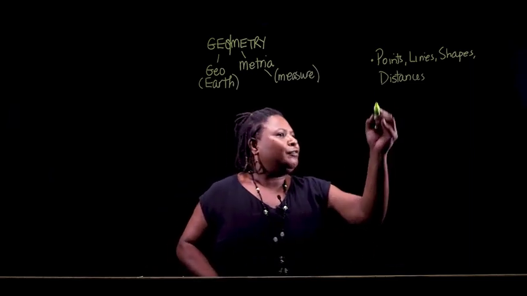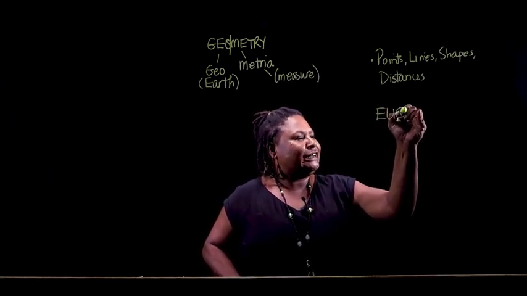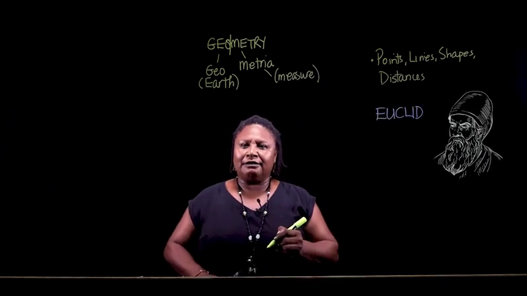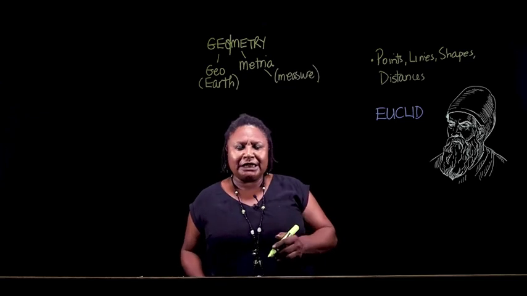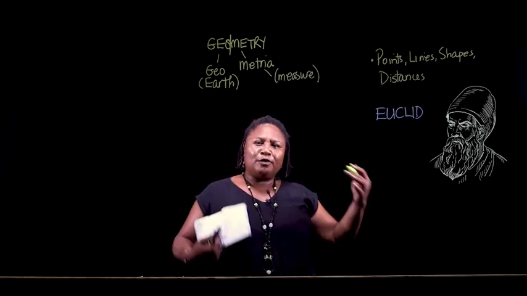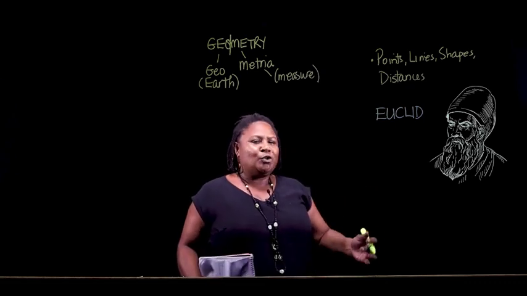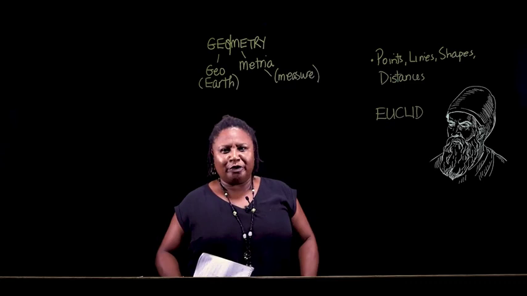The father of geometry is known as Euclid. He's Greek, and he was a mathematician of that time, between 400 BC and 300 BC. This is when Euclid was really doing stuff for mathematics and geometry, of course.